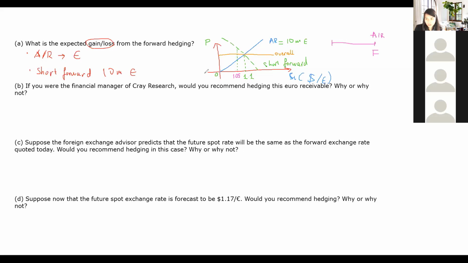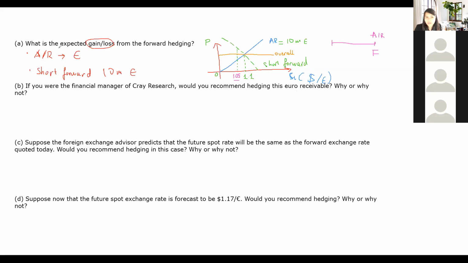It depends. How likely is the spot rate to be less than 1.1? Yeah, but let's say I'm very confident that it's going to be 1.05. Definitely, we should go for a short forward contract.